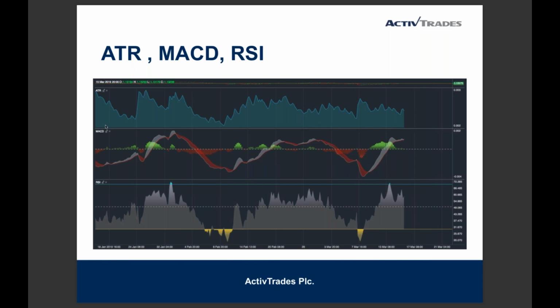The MACD in the middle has got this band of a moving average and a histogram, and the RSI itself is again a mountain type chart on the new ActivTrader platform. But this one, the RSI, has an upper and lower bound, and some traders will say that is a sign of oversold or overbought in relationship to the price.